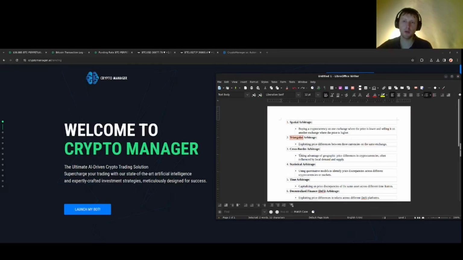You will have more USDT or more of the asset you were trying to trade. Another is cross-border arbitrage. This is usually done between exchanges in different regions, where banks are slowing down the transaction, you have different forex exchange rates, and opportunities arise from that.